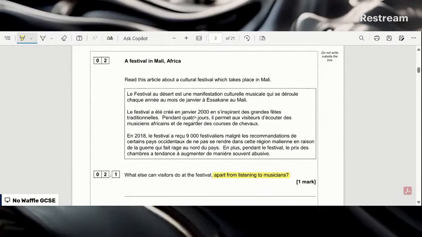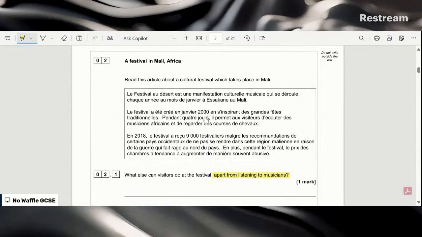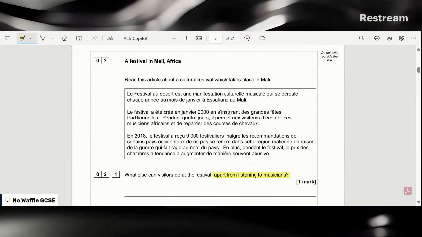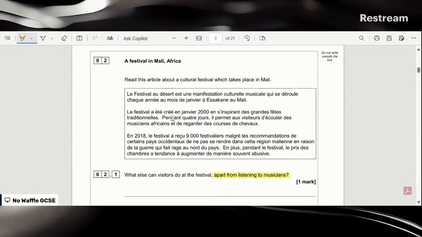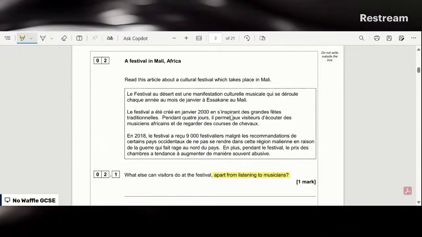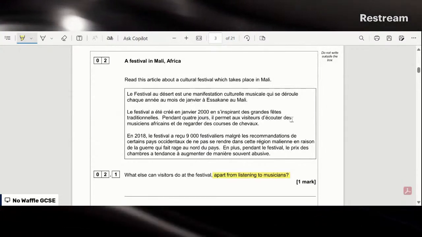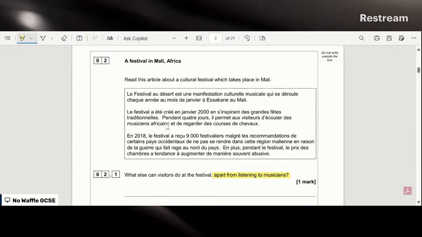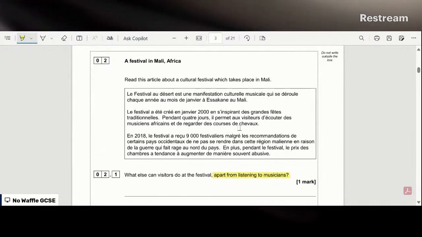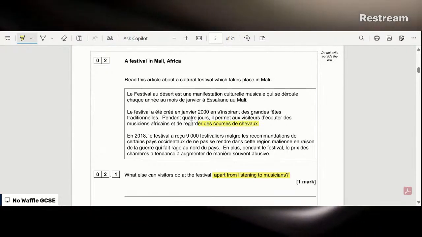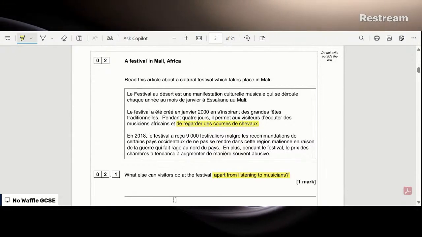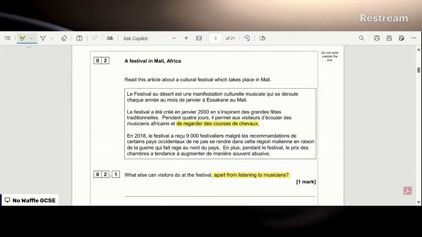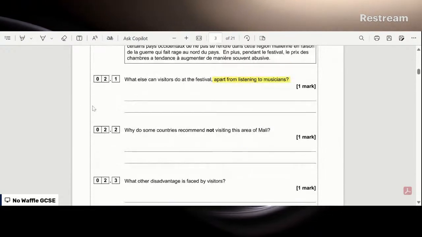Le festival a été créé en janvier 2000, so started in January 2000, et s'inspirant de grandes fêtes traditionnelles. Pendant 4 jours, so during 4 days, il permet aux visiteurs d'écouter des musiciens africains et de regarder des courses de chevaux. This is the bit. So you can watch horse racing. That's another thing you can do. There's the mark. Okay, moving on to the next one.